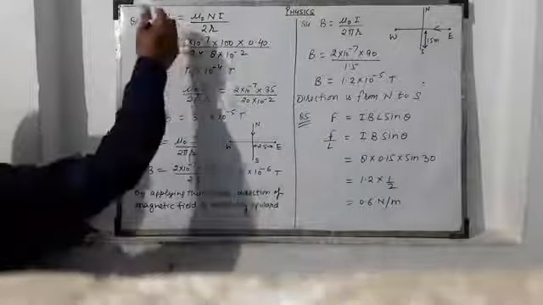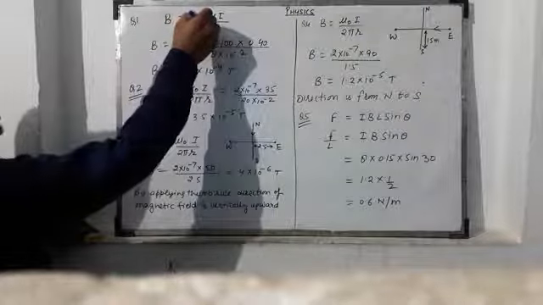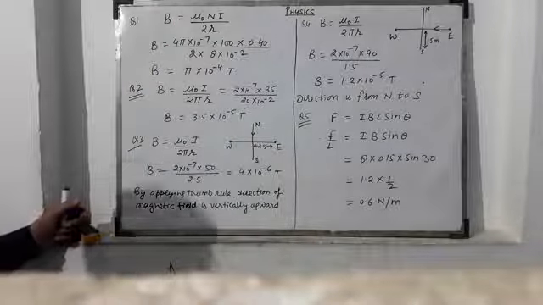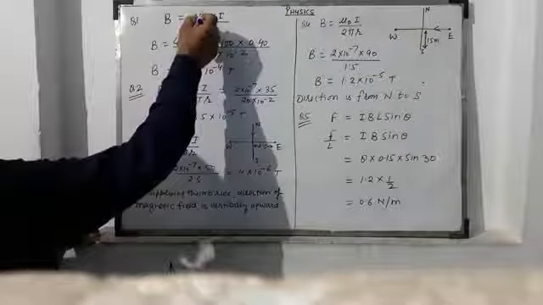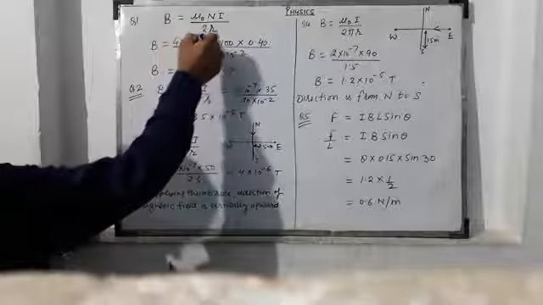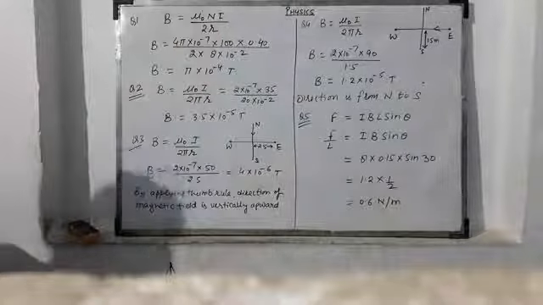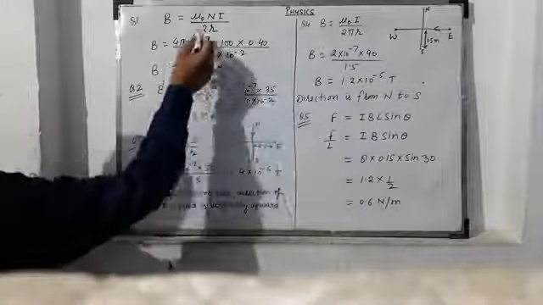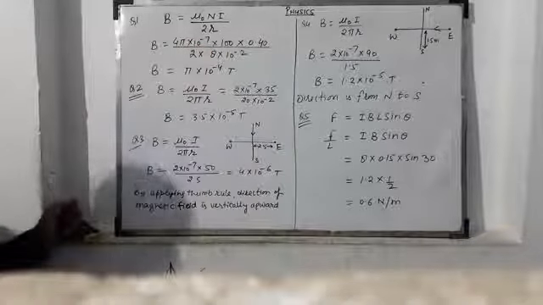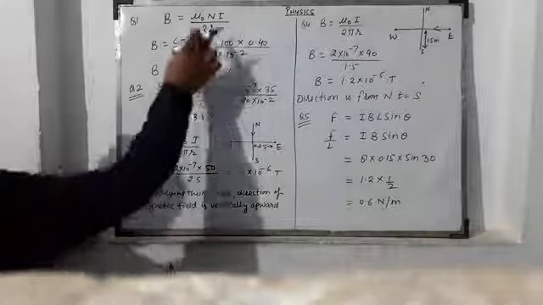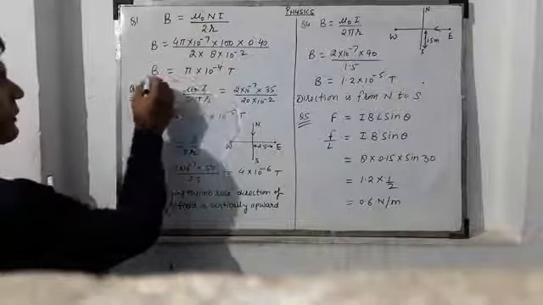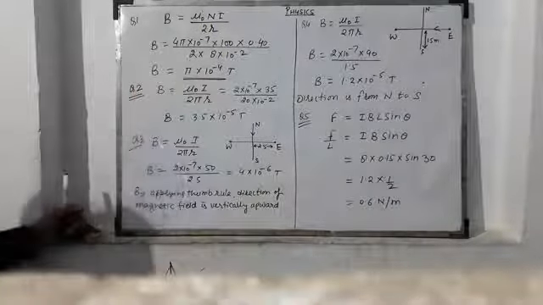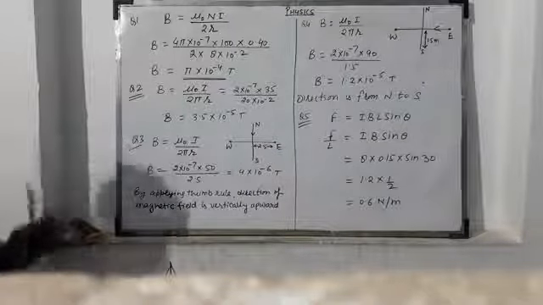So we use the formula B is equal to mu naught Ni upon 2R. Putting in the values, mu naught is 4 pi into 10 to the power minus 7, turns are 100, current is 0.40, upon 2 into radius. By solving we get magnetic field pi into 10 to the power minus 4 Tesla.